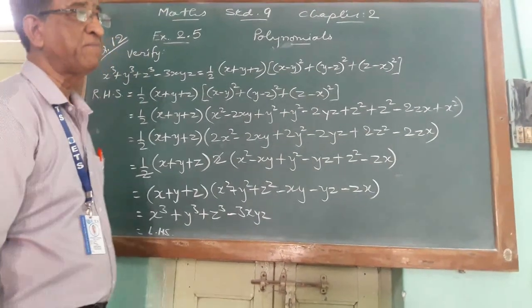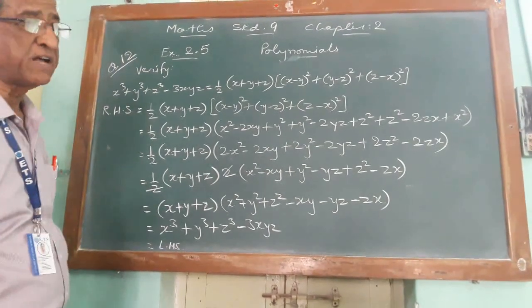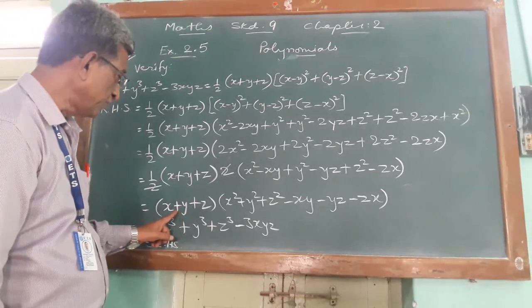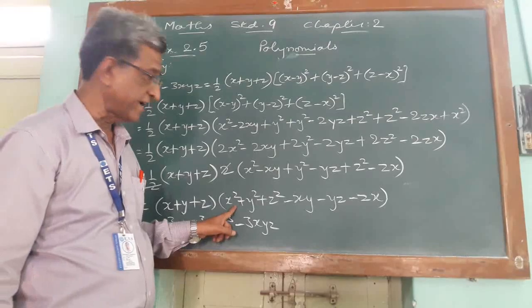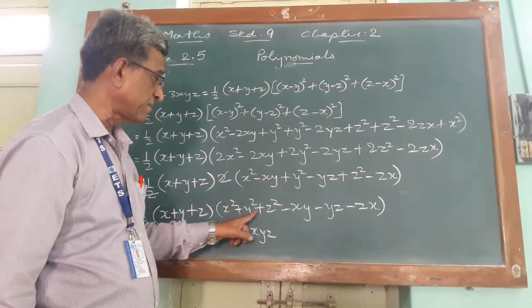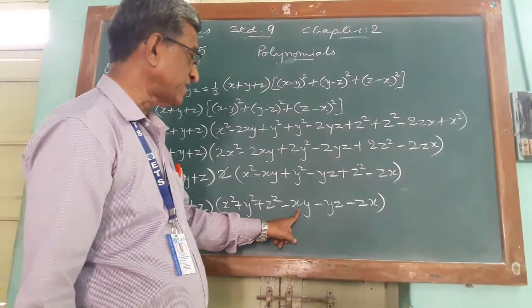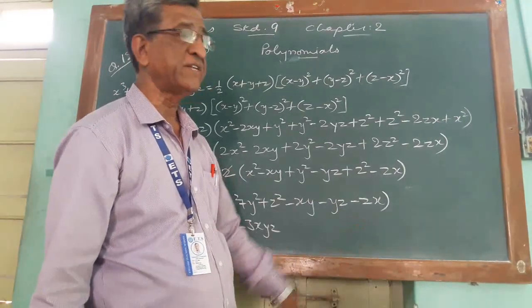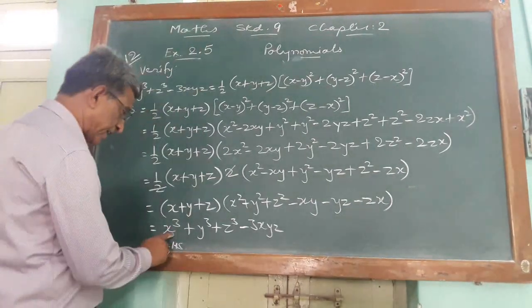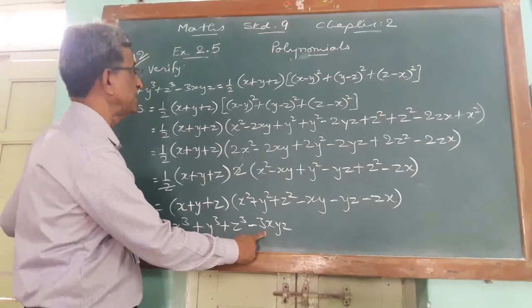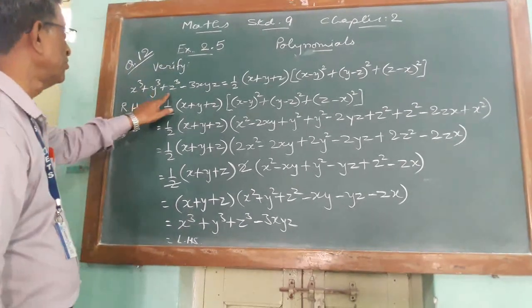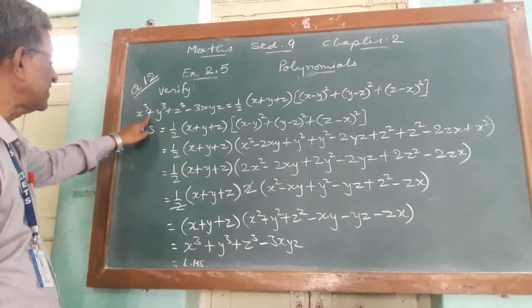If you remember the formula of the previous sum, x plus y plus z into another bracket x square plus y square plus z square minus xy minus yz minus zx gives you x cube plus y cube plus z cube minus 3xyz. So this you have to prove. So it becomes equal to LHS.